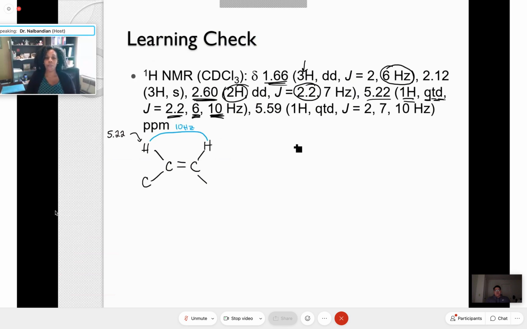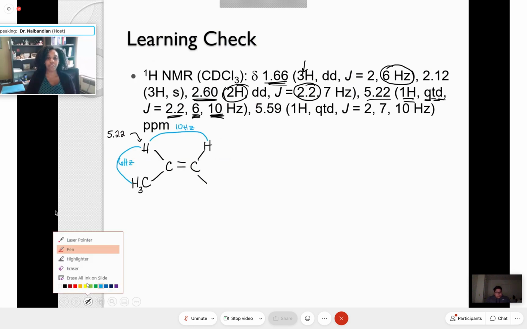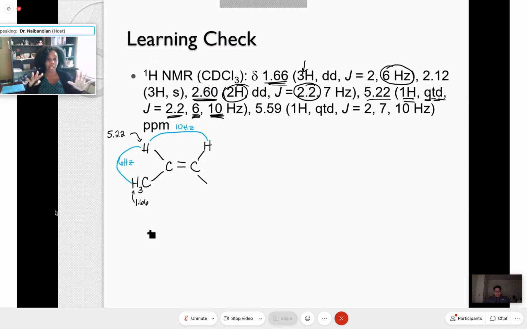So if we're thinking about this having to be 6 hertz coupling, it's going to be CH3. How do I know that's the CH3? So let me draw this in. From this hydrogen to this hydrogen, that's 6 hertz. How do I know that? Because I already saw this from the perspective of 1.66, so I know that I can label these hydrogens as 1.66. Right now I'm looking at everything from the perspective of 5.22. 5.22 has 10 hertz coupling and a 6 hertz coupling, but I can look back at 1.66 to say, okay, what was 1.66?